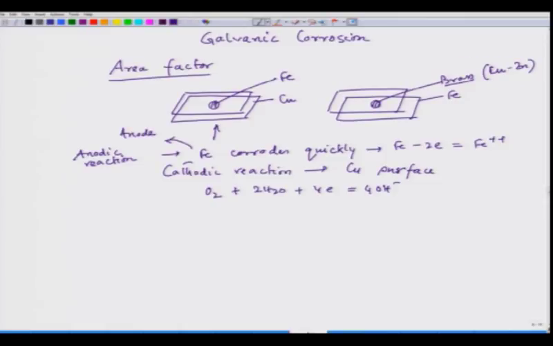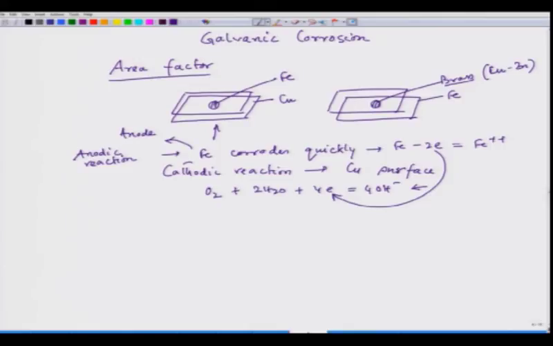Now, if we see the number of cathodic reactions that are taking place on the copper surface, since the copper surface has a huge area compared to the iron rivet surface, the total number of cathodic reactions on the copper surface would be very large. In order to supply the electrons for this cathodic reaction, iron has to dissolve quickly, because the electrons would be supplied from this anodic reaction.